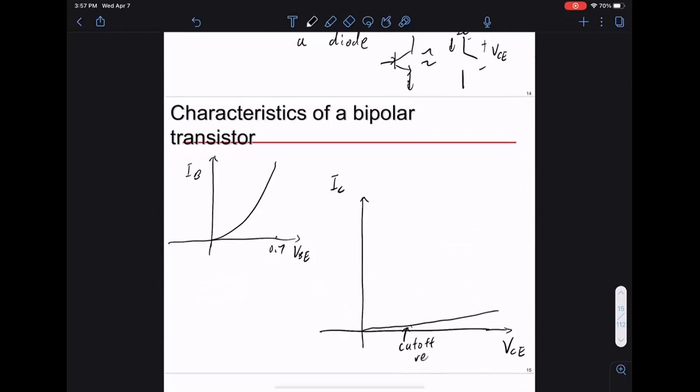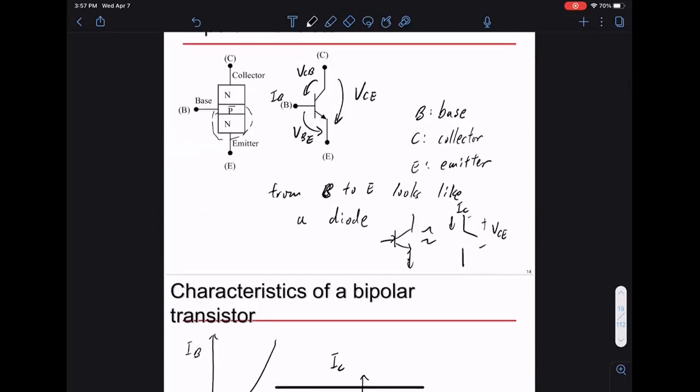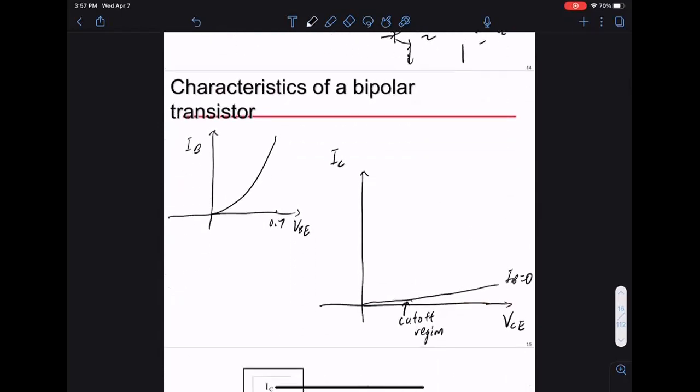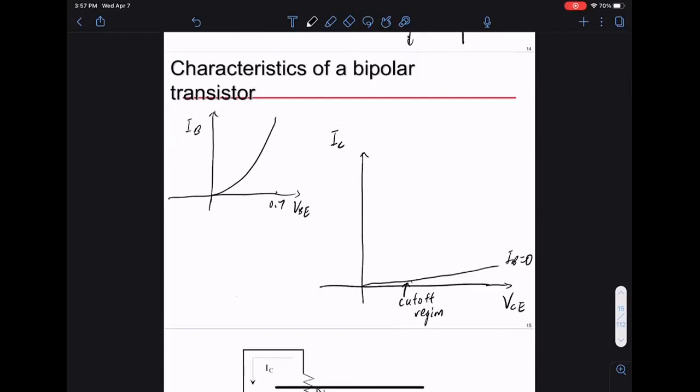This is the region when you have the base current being 0. If you do not apply any current to the base, then my switch looks like an open switch. Nothing happens. You can have a very large voltage across the two ends of the switch, and no current will flow. So this looks like an open switch for us.